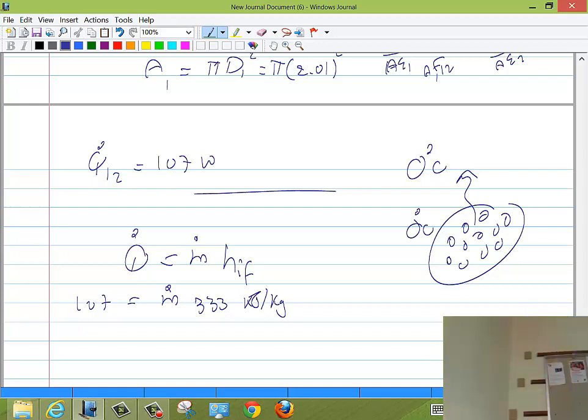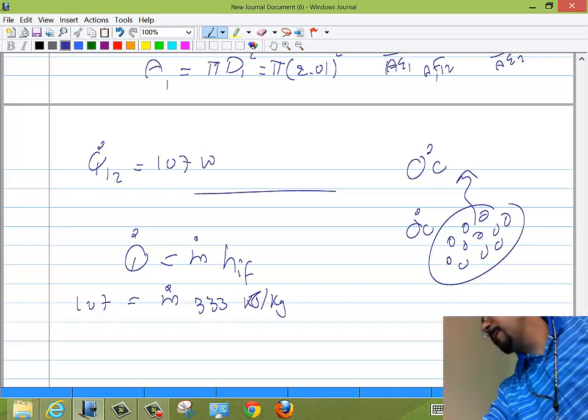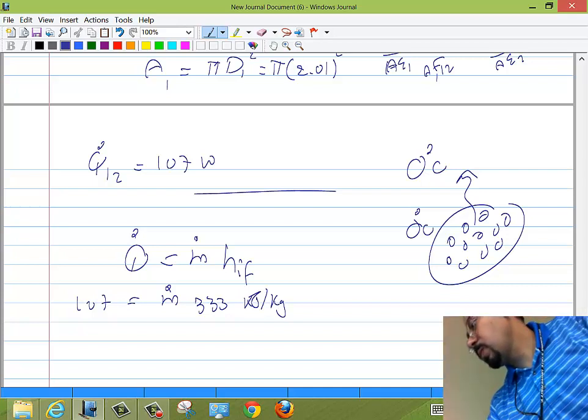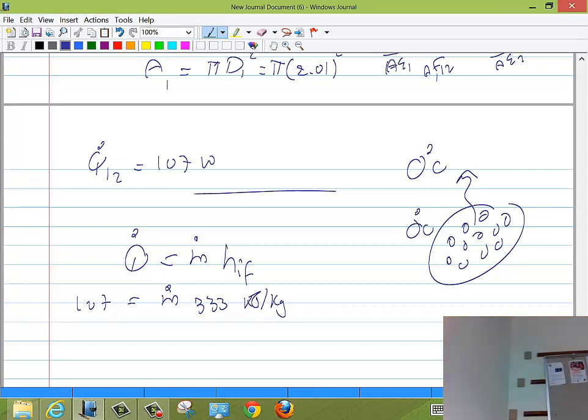Can I see? On the bottom. Yes. So on page 867, this table shows us the latent heat of fusion, h_if, how much it would take to melt 1 kilogram.